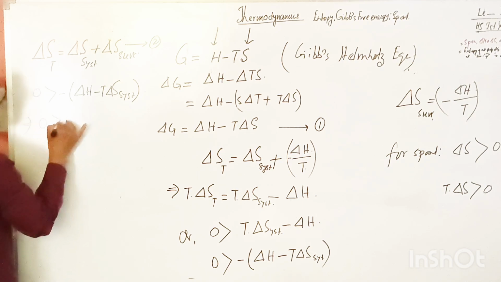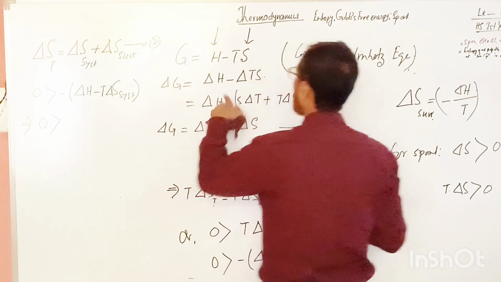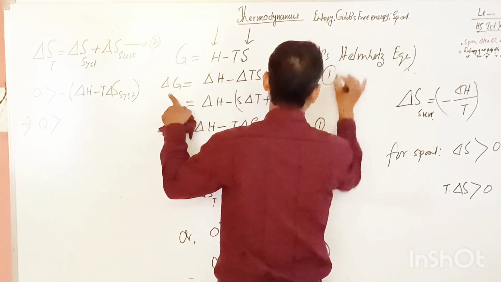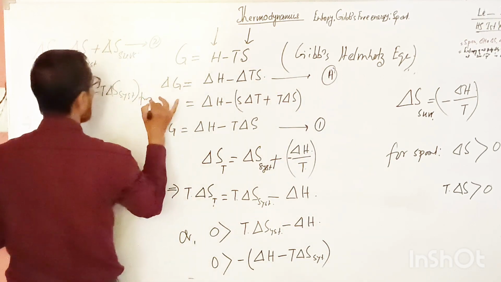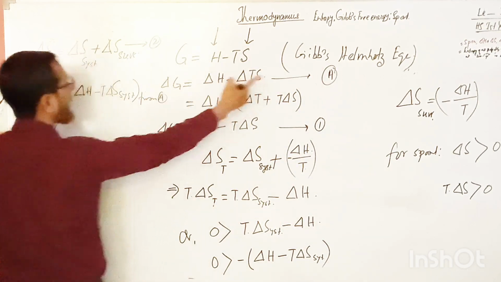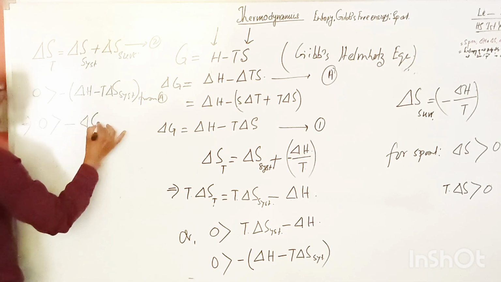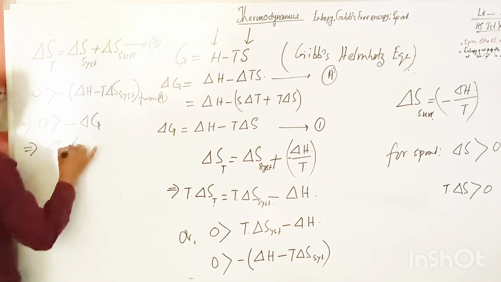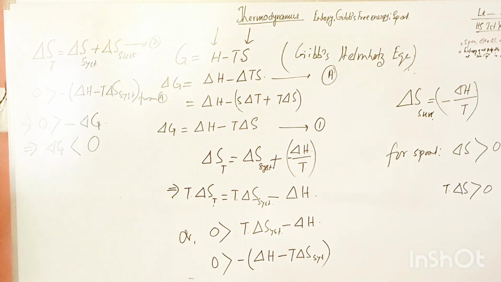So del H minus T del S is equal to del G. So from this, we write that del G is less than 0.